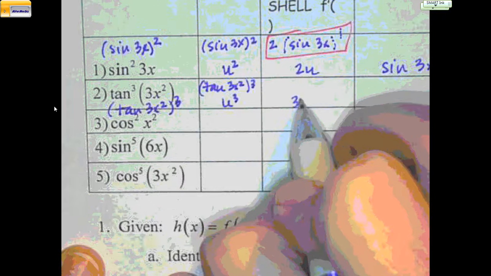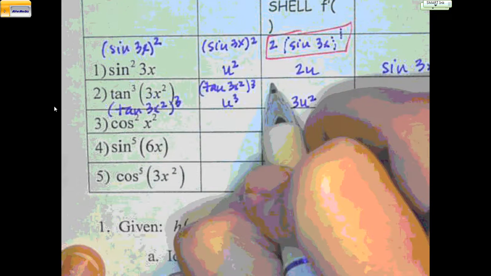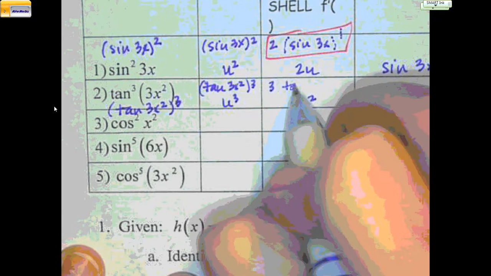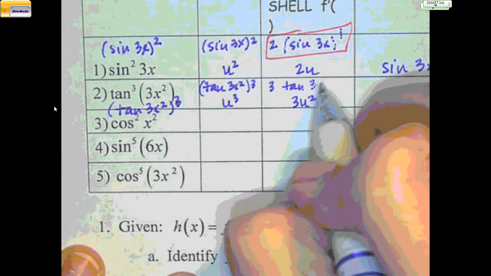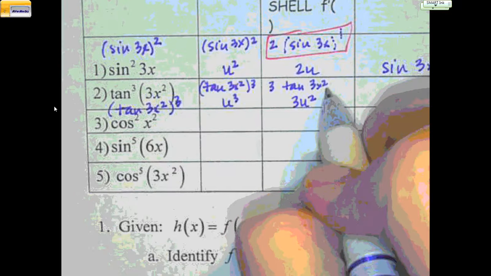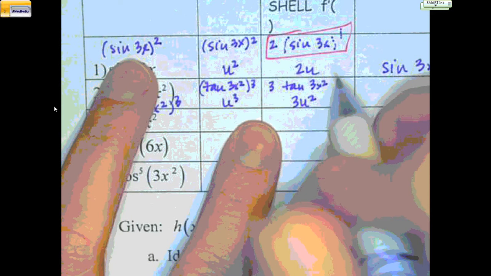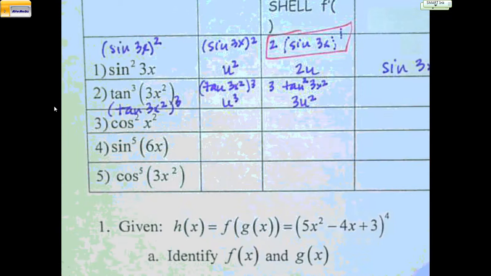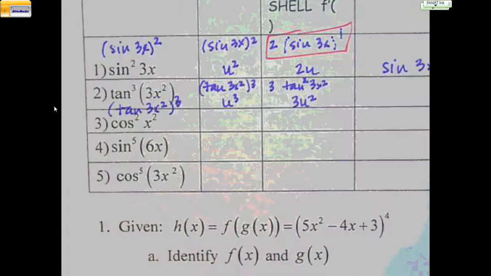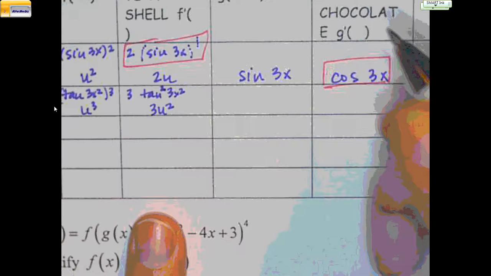Good, 3 squared. Or if you just want to write it up here, we've got 3 times the tangent of 3x squared, and that whole thing is being squared, right? You could put parentheses around it and square it, or you could put the little 2 right there, kind of like you're supposed to. It means the same thing. Okay, what's our middle function?